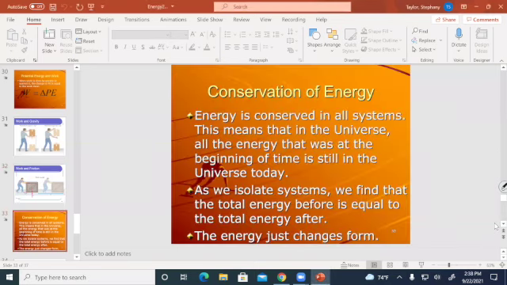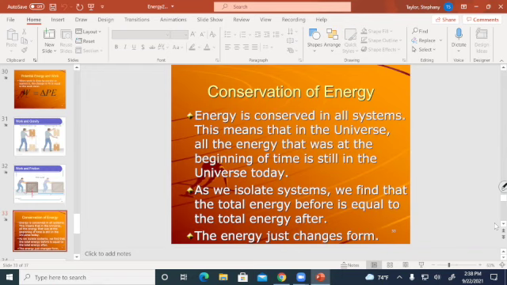All right, conservation of energy. This just means that energy is neither created nor destroyed, only conserved. All it does is change forms. It doesn't die necessarily. Energy is conserved in all systems.